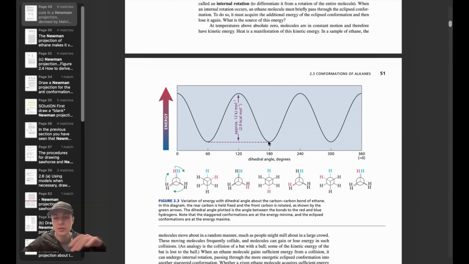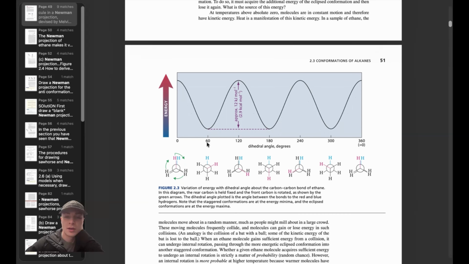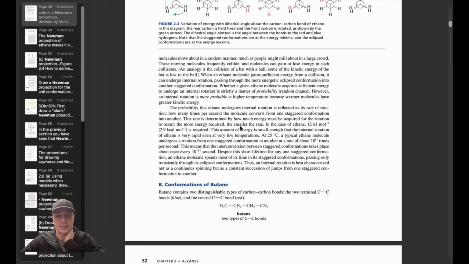There's no differentiation there. So whichever eclipsed conformation you have is both a local and absolute maximum, and any staggered conformation you have is a local and absolute minimum. And you can see 12 kilojoules or 2.9 kilocalories is the difference between the max and min.